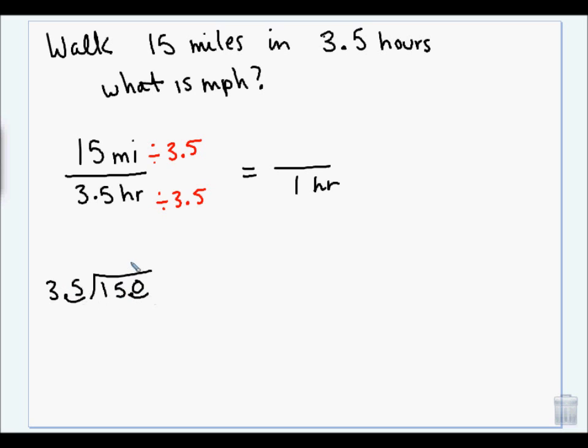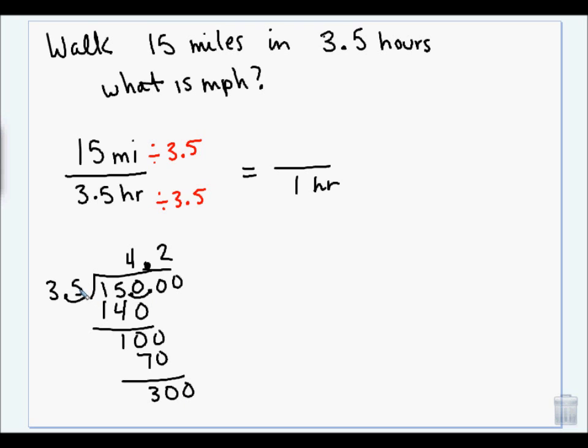35 is going to go into 150, not 5 times, but probably 4 times. So that's 140. Add another 0. That's going to be 2. And then I have to add another 0.